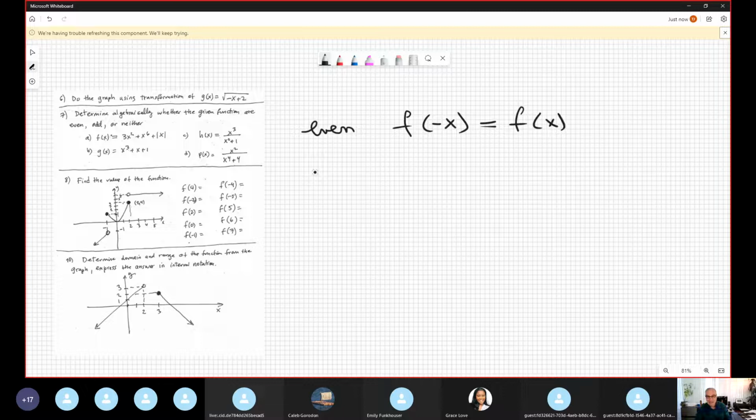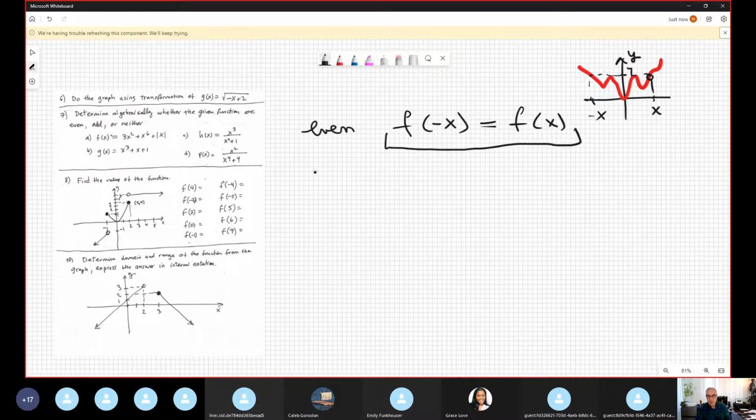A classical example is any graph symmetric with respect to the y-axis, which is an even function. Because you pick one x and you obtain one y, and when you pick negative x, you get exactly the same y. This is the geometric interpretation, and this is the algebraic proof.